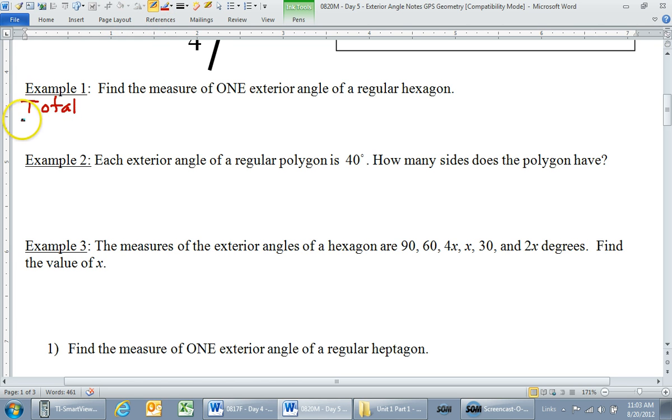The total degrees divided by the number of sides should equal one angle. Okay, but this time we're dealing with exterior angles.